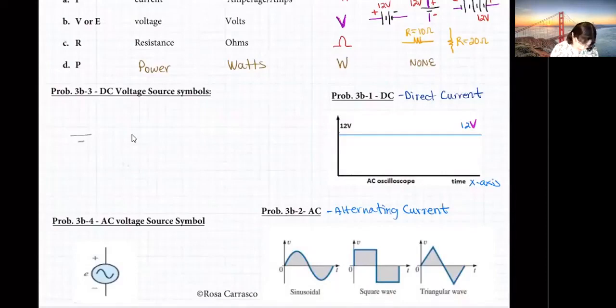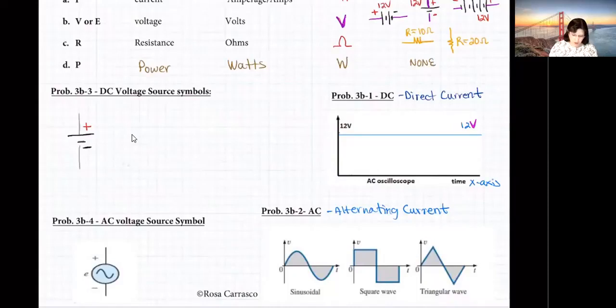Sometimes, let me make it in black, it has two little lines like this because they're going to be connected to a circuit. But what we're really looking at is just this long line and this short line. The long line is the positive side of your battery. If you ever see a battery, it has the positive terminal in red and the negative terminal in black.